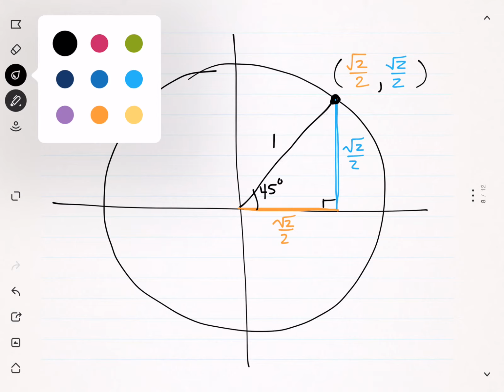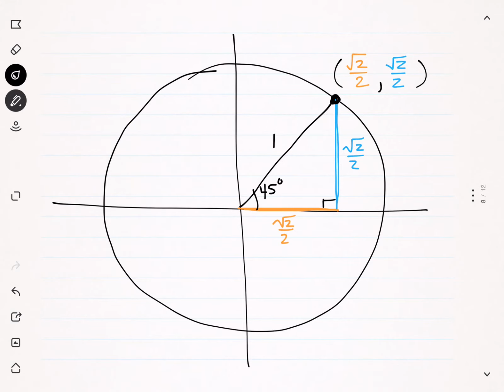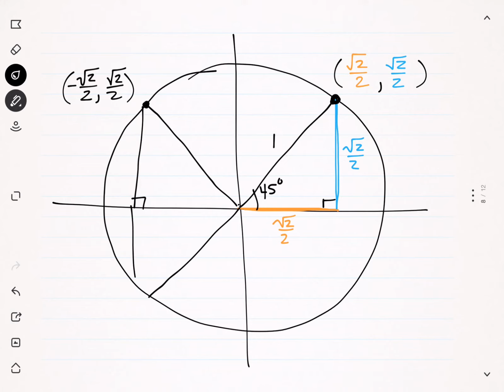Okay, now let's look at some of the 45-degree reference angles. Let's look at quadrant 2. Okay, so it's going to be the exact same triangle here, except we're in quadrant 2, so our x value will be negative, but our y value will stay positive. In quadrant 3, okay, our x and y are negative.